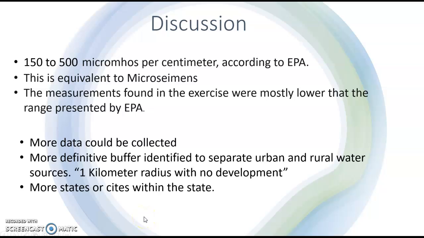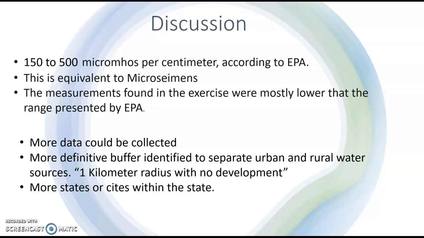Some other areas to look into for the future would be that more data needs to be collected in order to have a better pool to gather information from. And in order to do that, you could have a more definitive buffer to identify and separate urban and rural water body sources. So, say a 1 kilometer radius with no development, as opposed to houses being in the area.